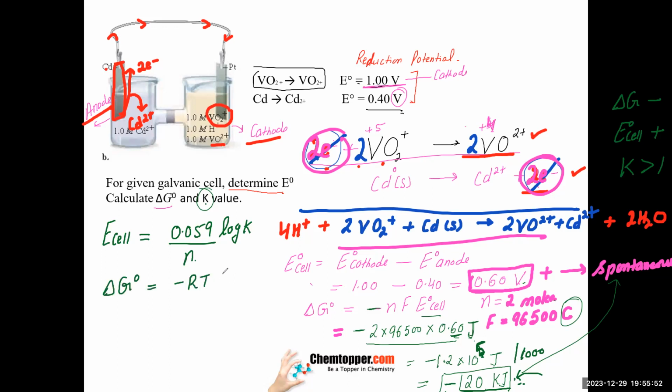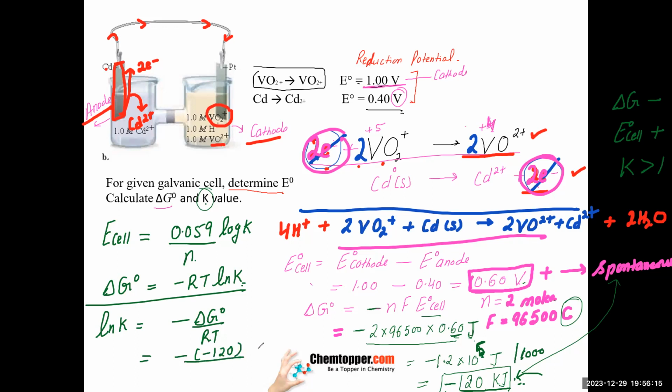Either you can use this equation or you can use this equation: delta G naught equals minus RT ln K. You want to calculate K? I can rearrange this equation. ln K is minus delta G naught over RT. Plug in this value. So it is minus 120.